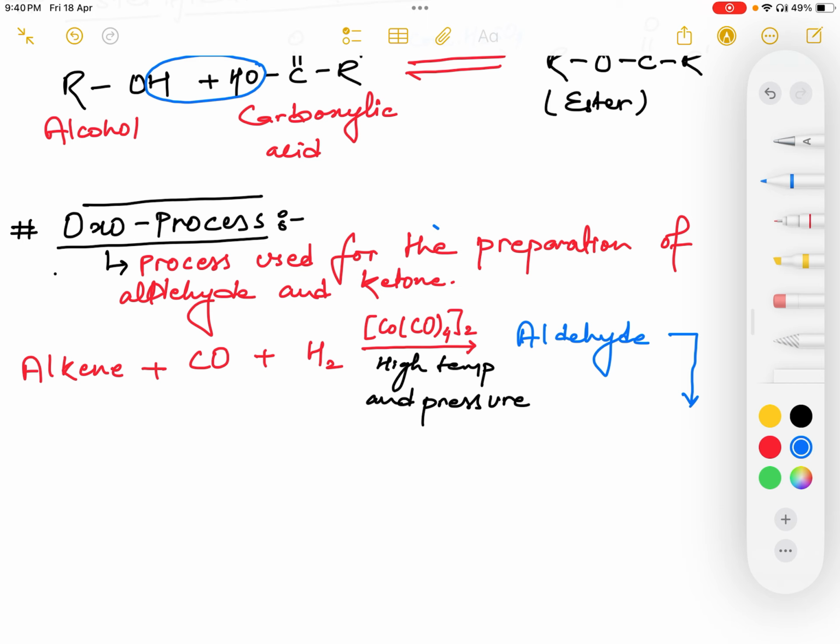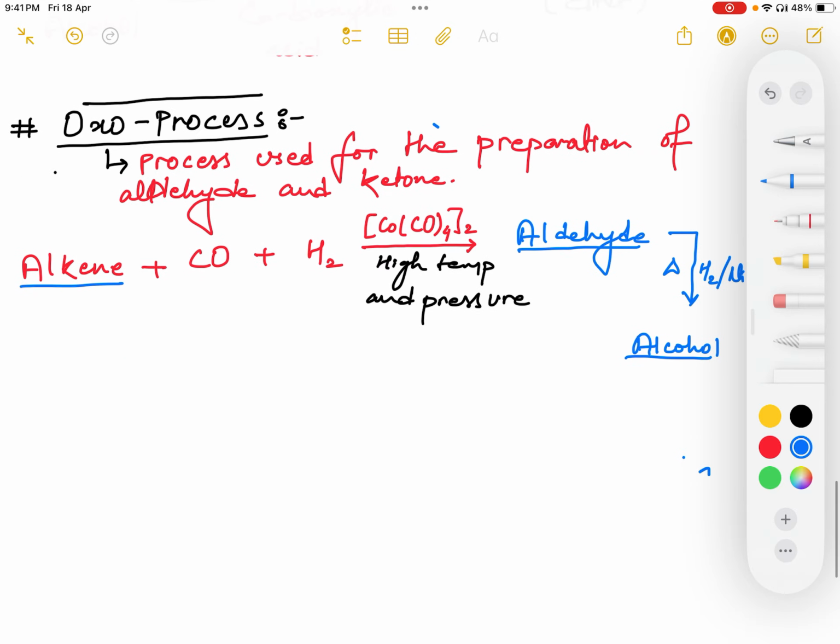Catalytic reduction: we need to treat it, pass hydrogen in the presence of nickel, platinum, palladium and heat it. So the aldehyde will convert into the corresponding alcohol. So basically, from alkene to aldehyde, or from further reduction we can convert it into alcohol. So this process is known as the oxo process.